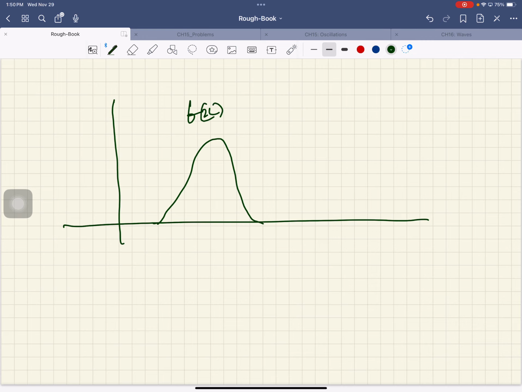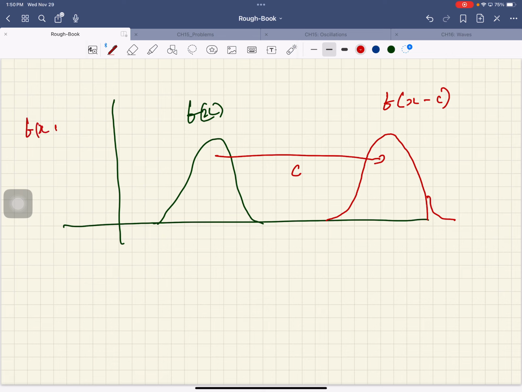I want to transport this to the right by c. F of x plus c? I'm sorry? F of x minus c. So if you want to transport it to the right, it's f of x minus c. You want to transport it to the left, it's f of x plus c.